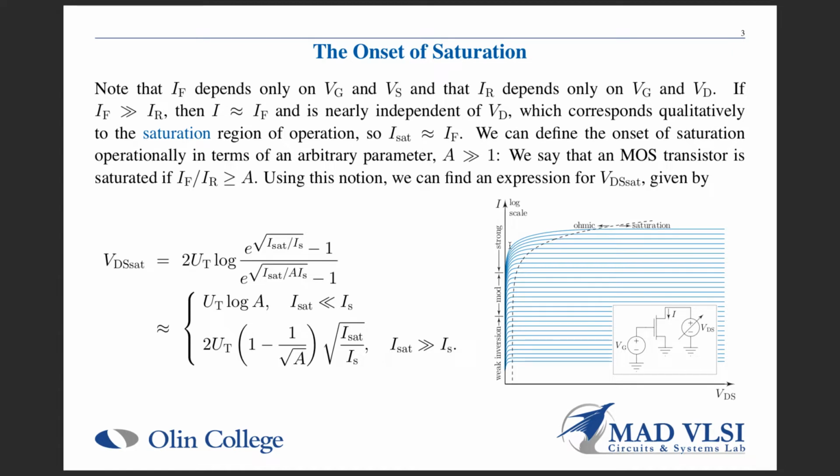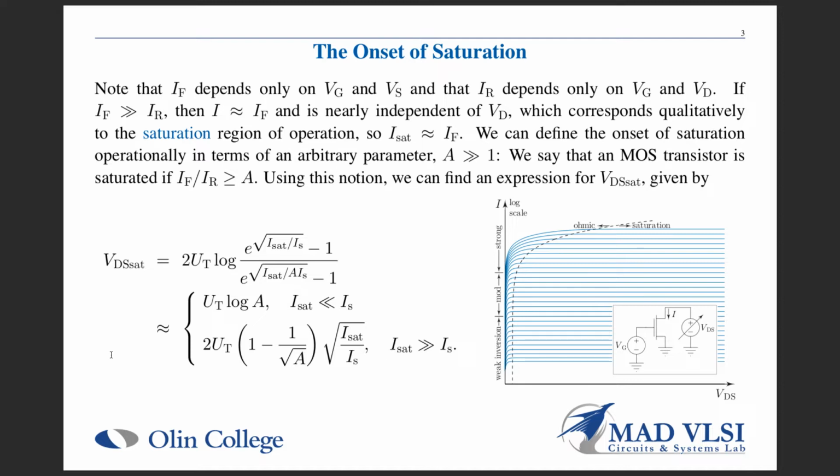So to the left of this curve we have the ohmic region for low VDS, and to the right of this curve we have the saturation region for higher VDSs. And here we have the weak inversion region, the moderate inversion region, and the strong inversion region. This is a slightly different formulation of the saturation voltage. This is the same one as is developed in the MOS transistor packet that you have. It's a little bit different than the one in the slides that I showed a couple of videos ago.